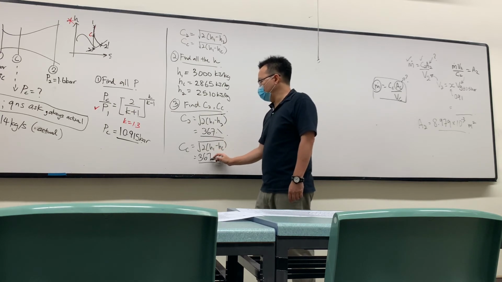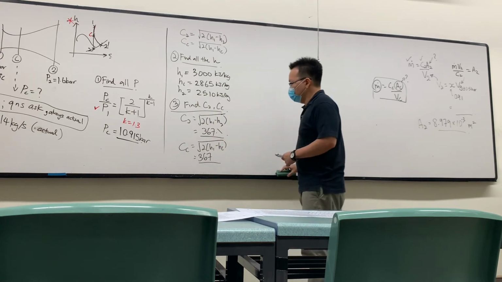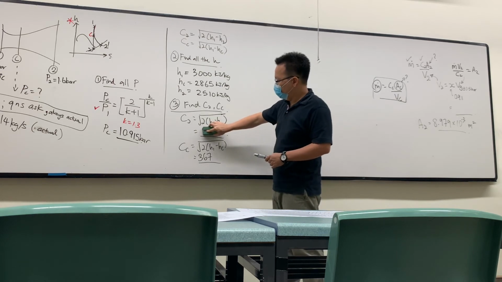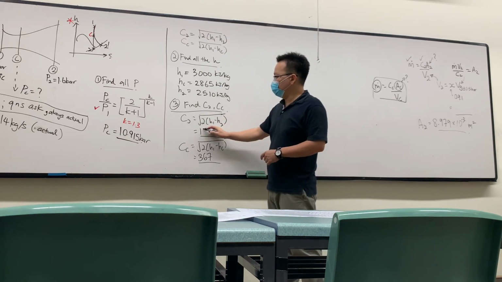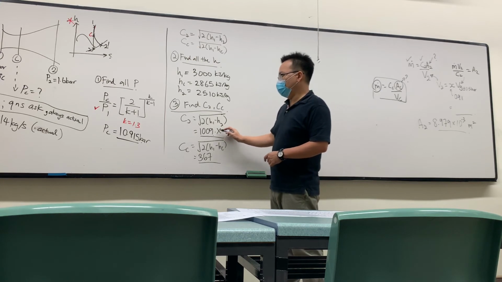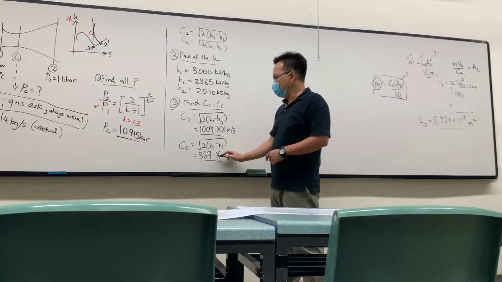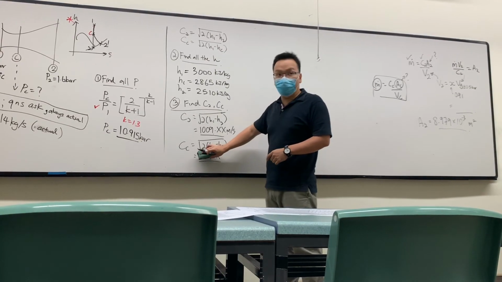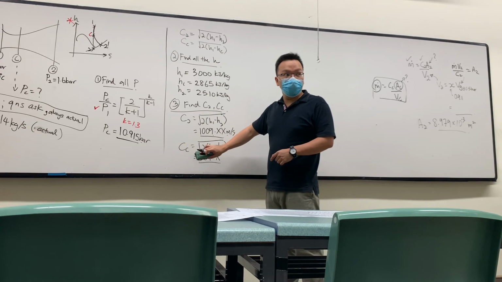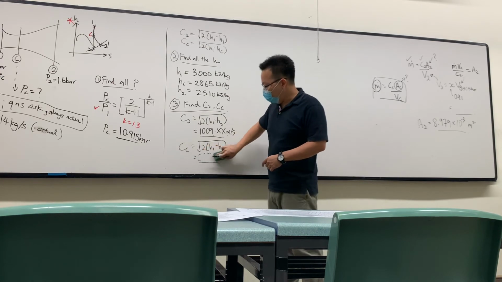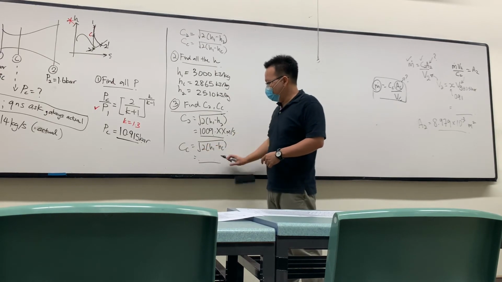Right? Then what? 538. 1,009, yeah? Okay, now minus back. Then this one, 1,000. C2, 538. 547. Okay, now then I put 547 somewhere there.